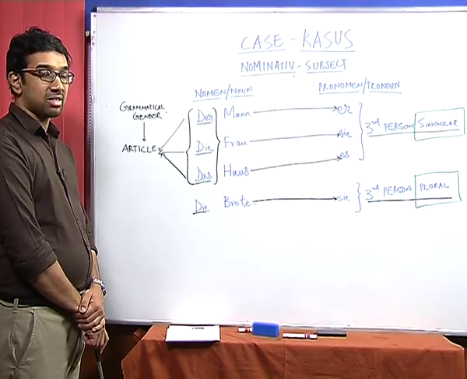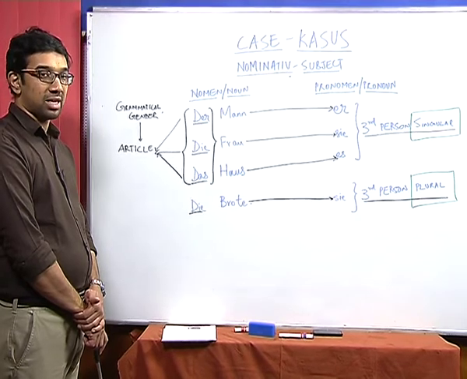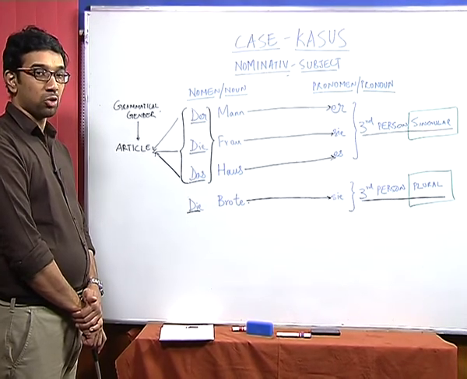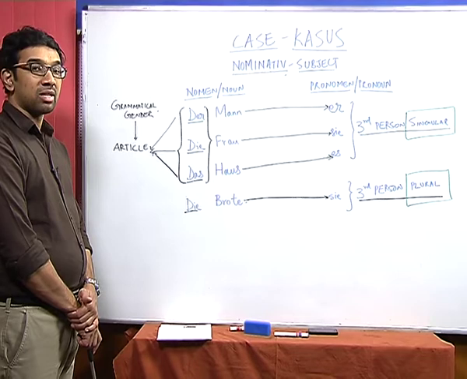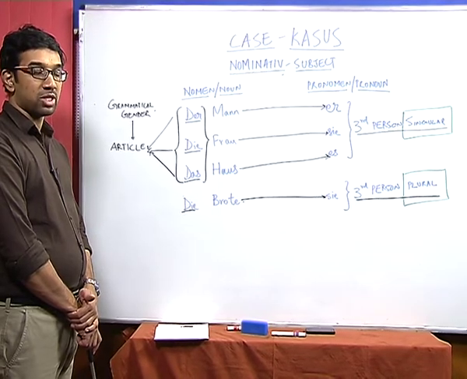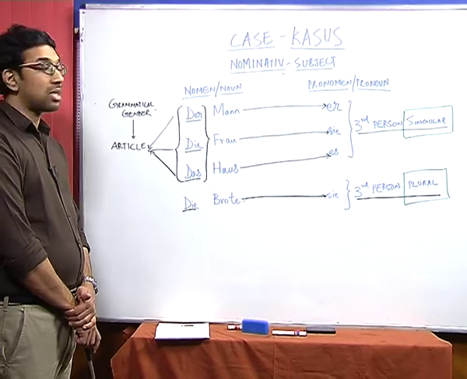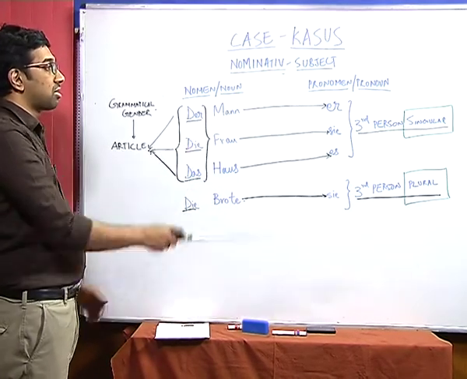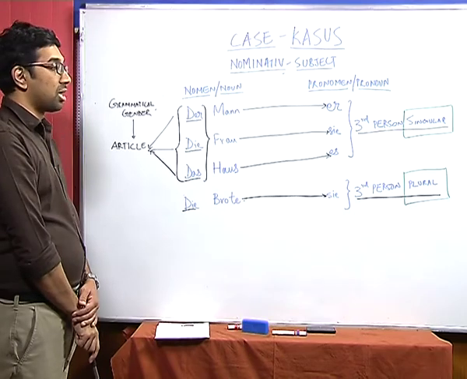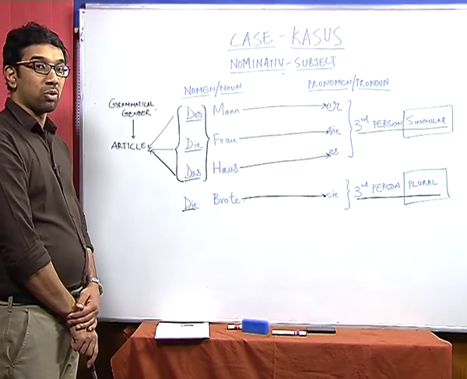It is the case which is attached to the noun or the pronoun, and the verb, as we know in German, is conjugated. Any verb is conjugated in the nominative case, which can be a noun or a pronoun.